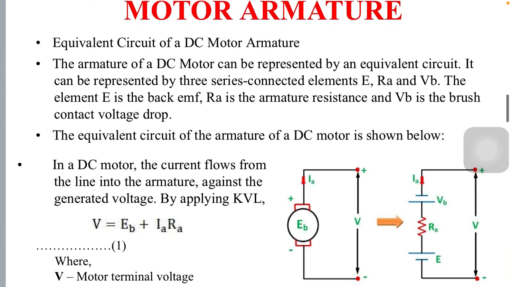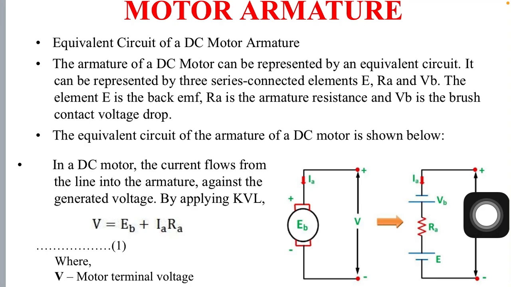The brush has some drop because it is not 100% physically connected. Actually it is connected, but it has some drop, like during sparking conditions, and that voltage may be considered. So VB is the brush contact voltage, RA is the armature resistance, and E is the back EMF. Electrically, this is it in short.